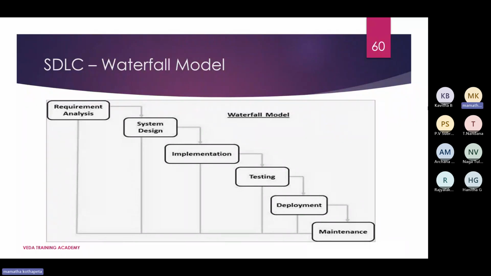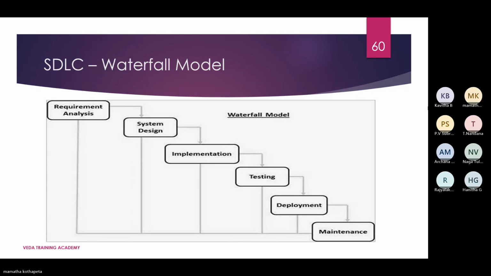Whenever we have requirements which are very clear, the customer knows that yes, I want this application to be developed. If the requirements are very clear, if the requirements are fixed, and the customer says that I will not change the requirements, these are the final requirements, then only we will go for a waterfall model.